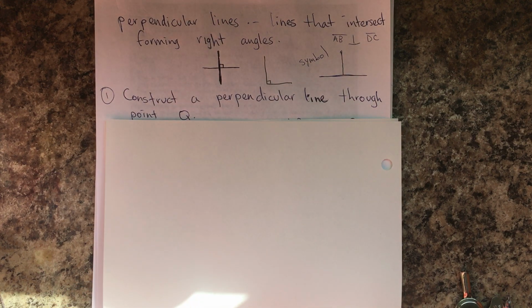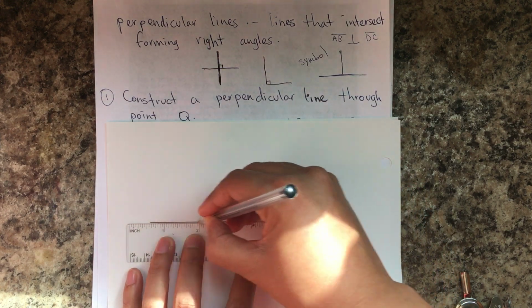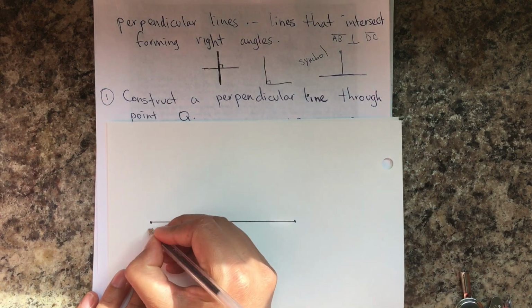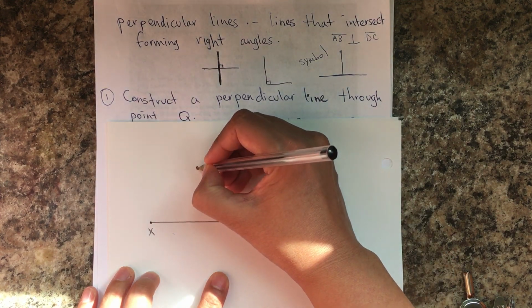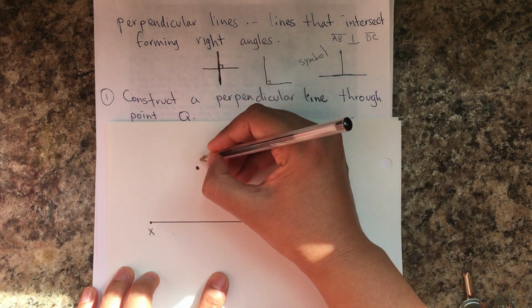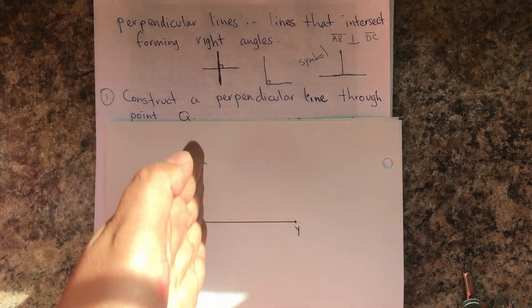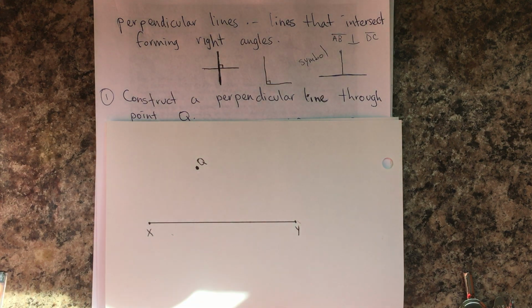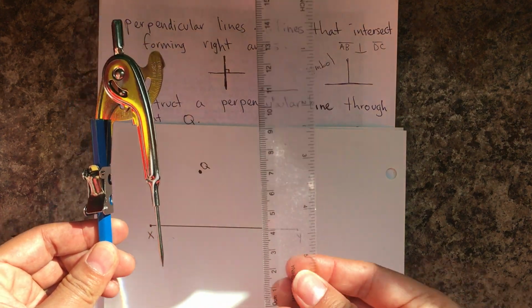Let's say that they give you a line segment XY, and they give you a point not on the line, let's call it point Q. They want you to draw a line that goes exactly down to form a right angle. And the way to do it is that you will be continuing using your compass and your straight edge.